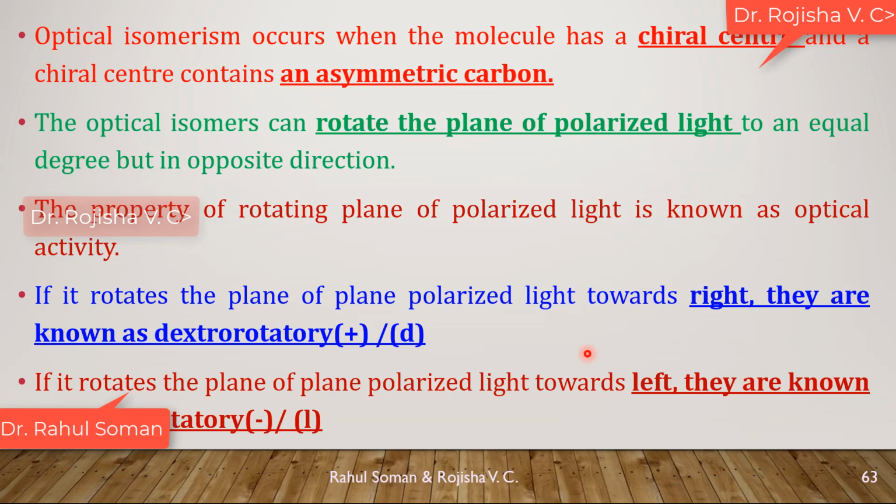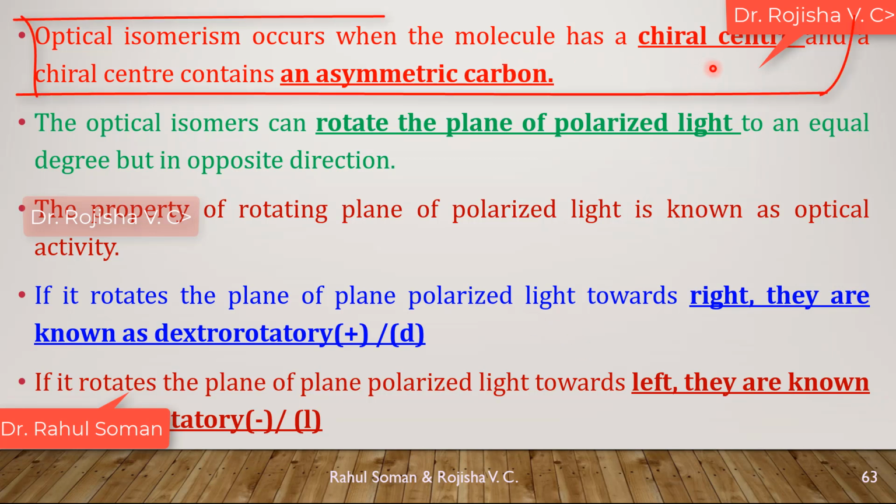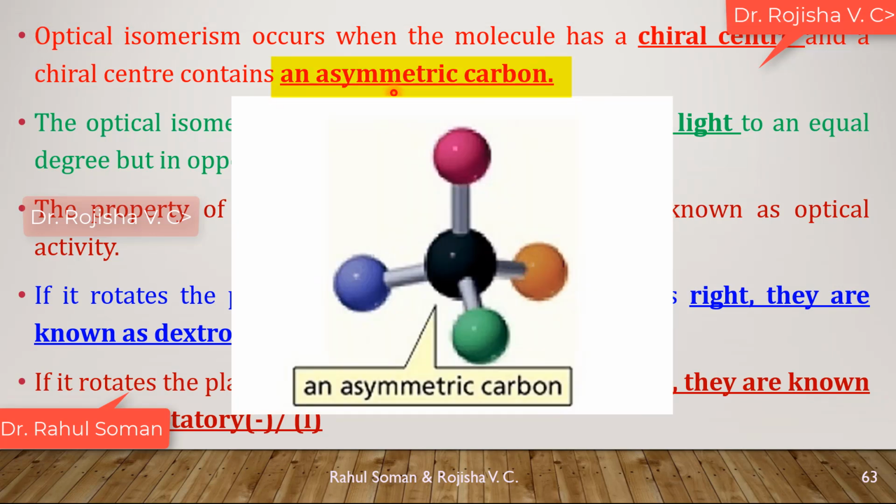So, for an optical isomer there is a chiral center, meaning an asymmetric carbon in it. An asymmetric carbon is a carbon attached to four different groups. Then we can name that carbon an asymmetric carbon or asymmetric center.